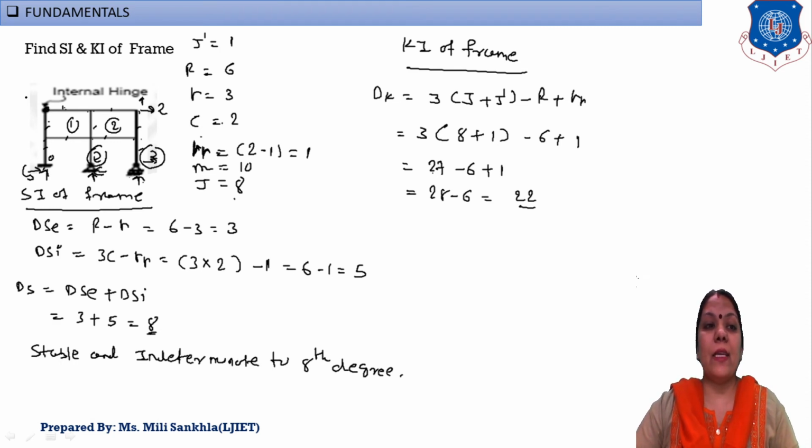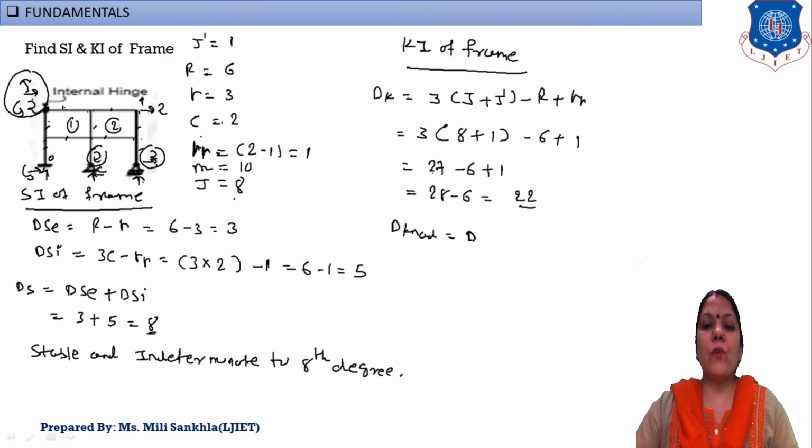And this internal hinge is allowing for moment, axial deformation and vertical, 1 and 2. So now count 1, 2, 3, 4, 5. 5 3s are 15. 15 plus 4, 19. 19 plus 1, 20, and 21 plus this 2, 22. My answer is right.